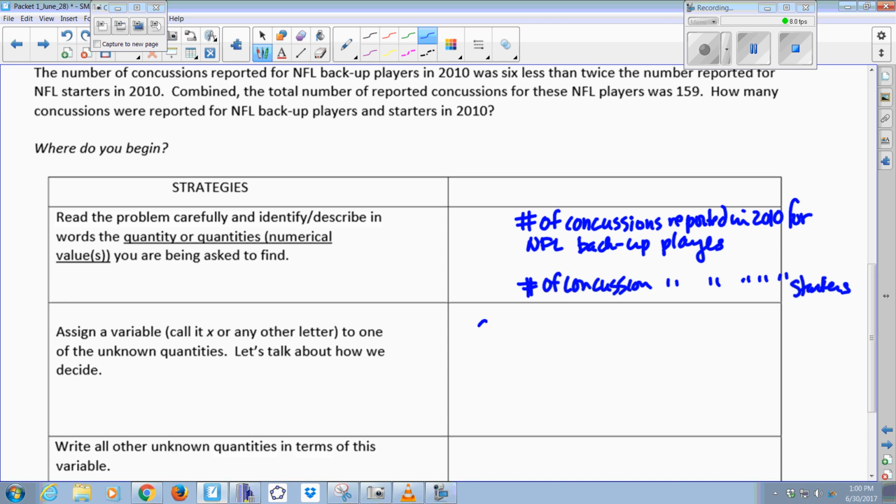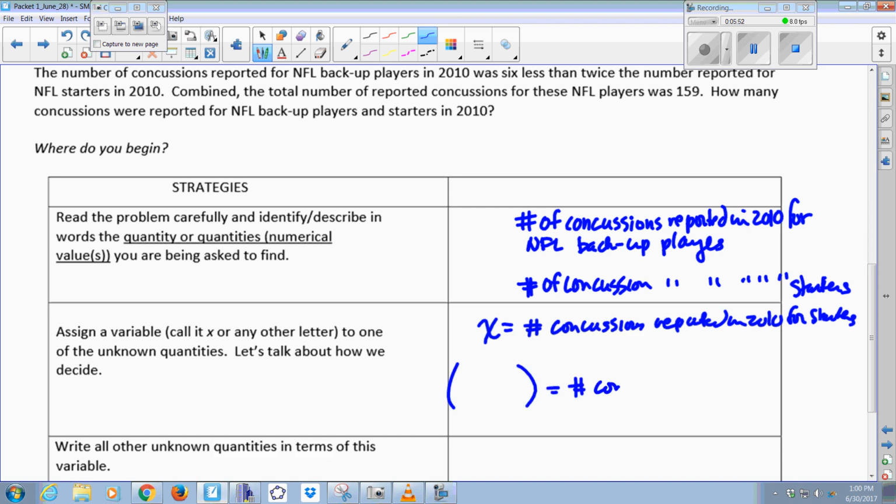So I'm going to let x equal the number of concussions reported in 2010 for the starters, the NFL starters. Now I can represent the number of concussions reported in 2010 for the backup players in terms of x.